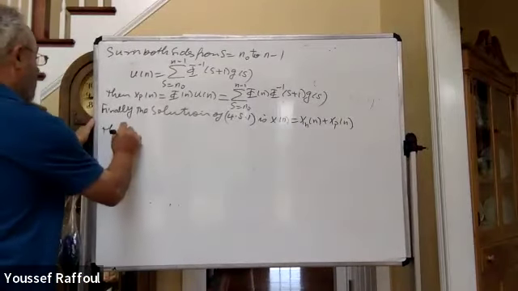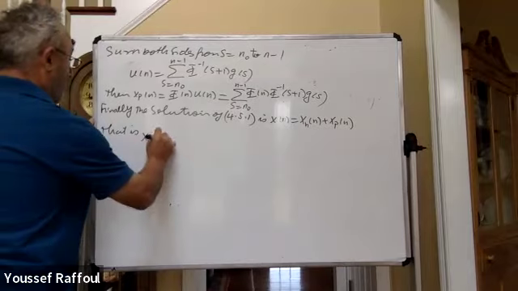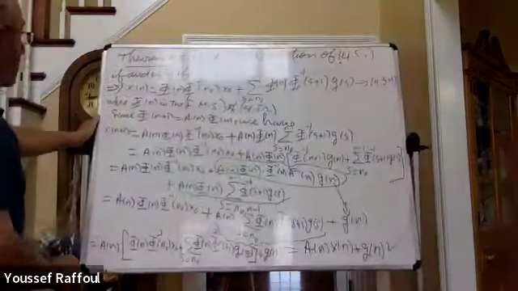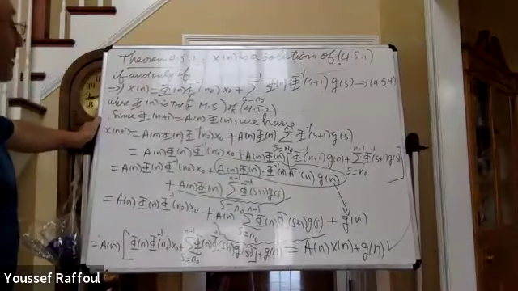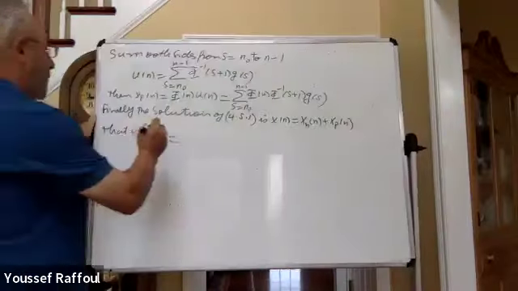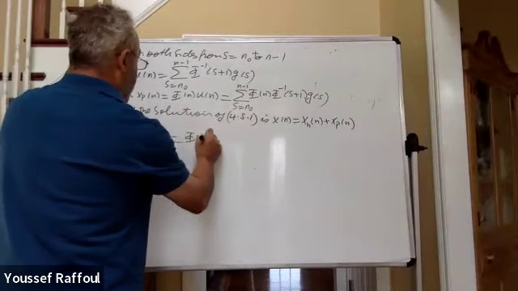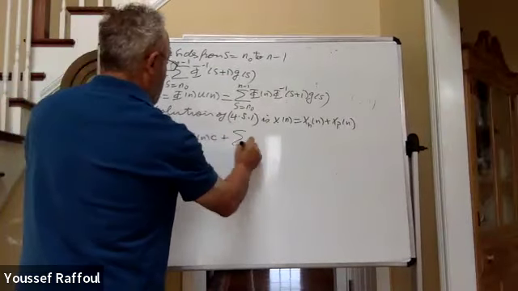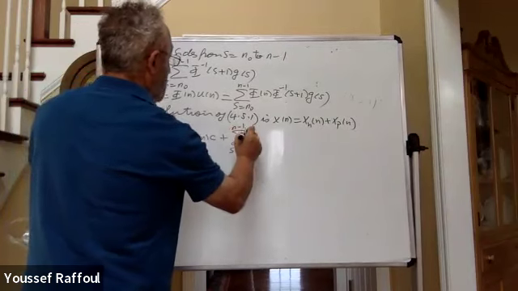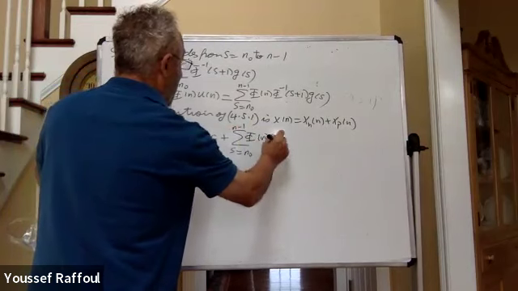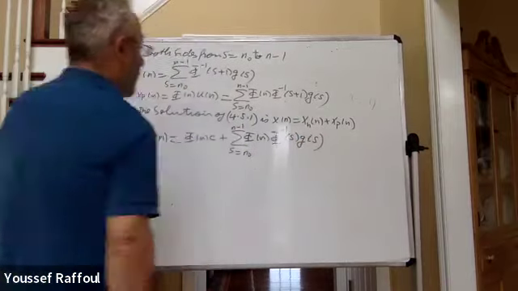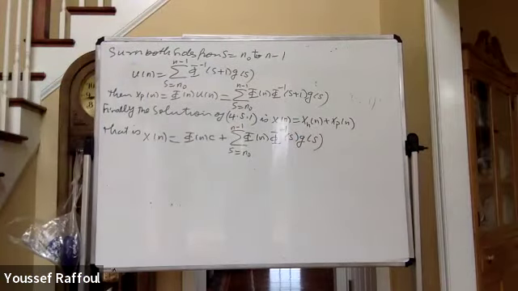That is x(n) equal to, remember what x_h(n) is? x_h(n) we already know. This is Φ(n)c plus the sum from s = n0 to n−1 of Φ(n) Φ^{-1}(s) g(s).